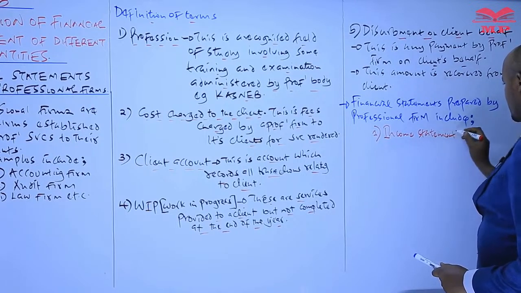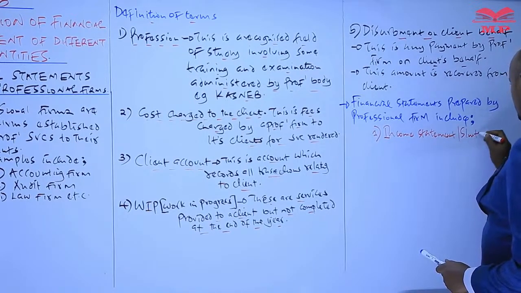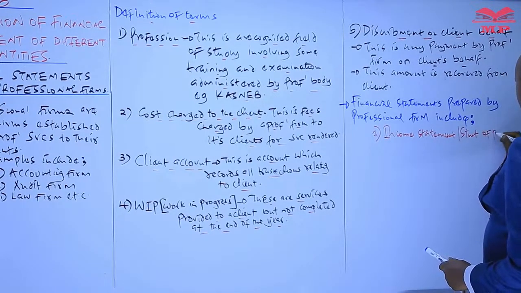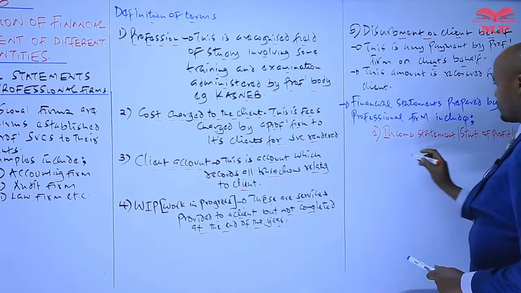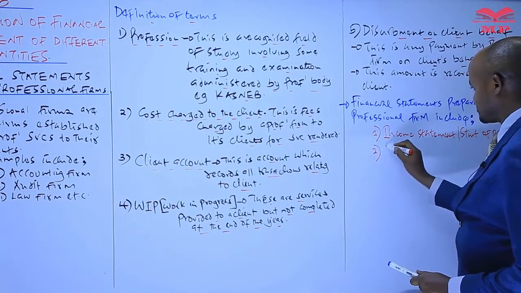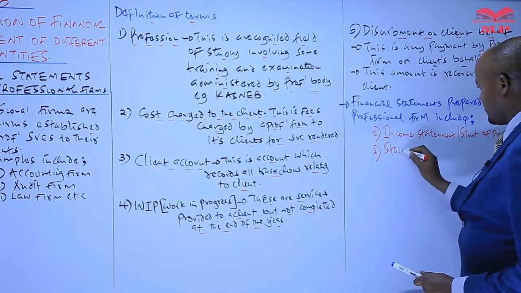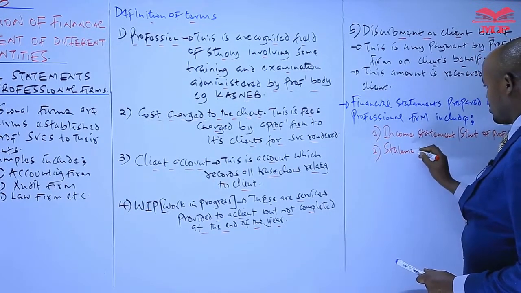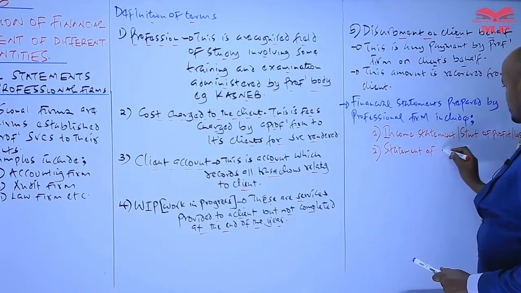The income statement, in other terms, is also known as the statement of profit or loss. And number two, we have the statement of financial position.